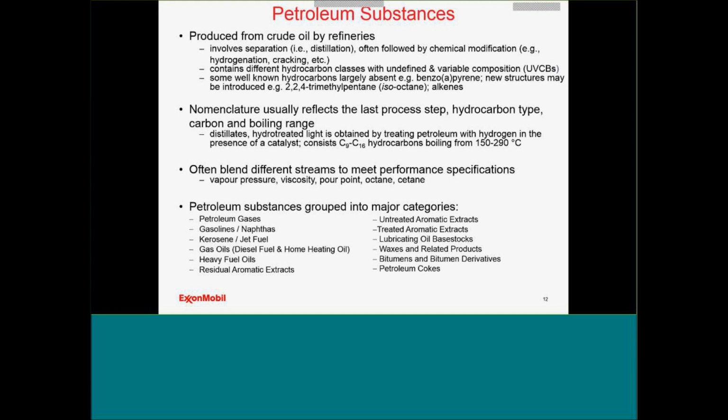For example, a higher volatility specification on gasoline may be required in the winter than in the summer to ensure that your car starts in cold temperatures. And lastly, petroleum substances are grouped into 12 major categories that are listed here, spanning from very light to heavy distillate fractions.